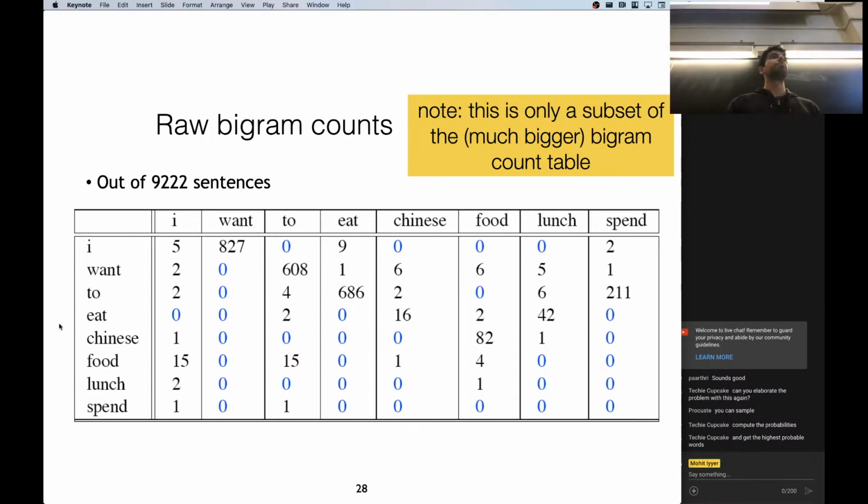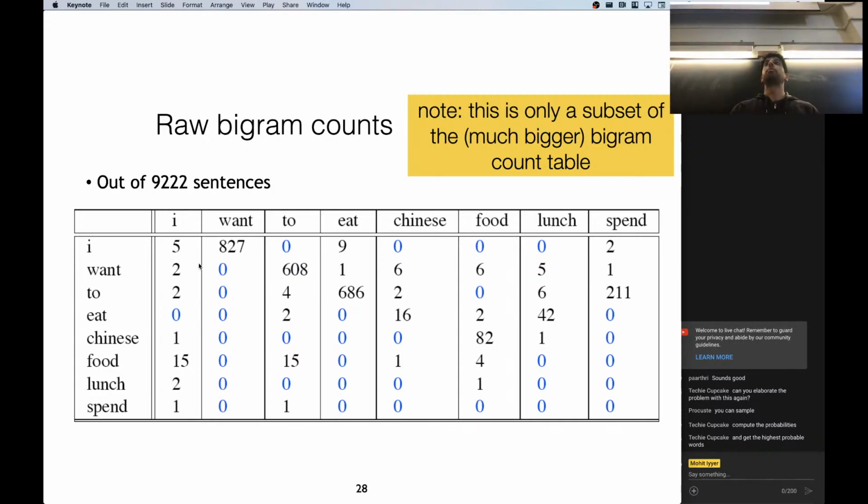So in a bigram model, the prefix is one word long and the next word is obviously one word. In a trigram model, these rows would be replaced with bigrams, so two-word phrases, right? And of course, you can see that this table gets exponentially bigger as you increase the order of the model.